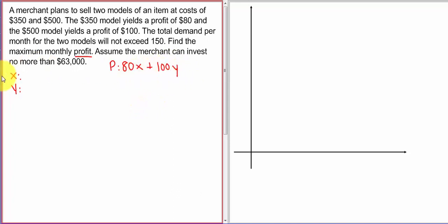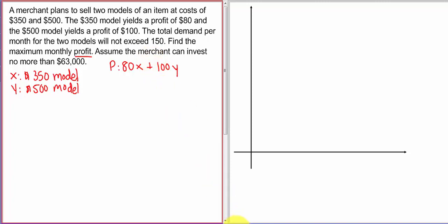So now we've said what our two variables are. X is the $350 model, and Y is our $500 model. And this is our profit equation we're eventually going to plug points into.